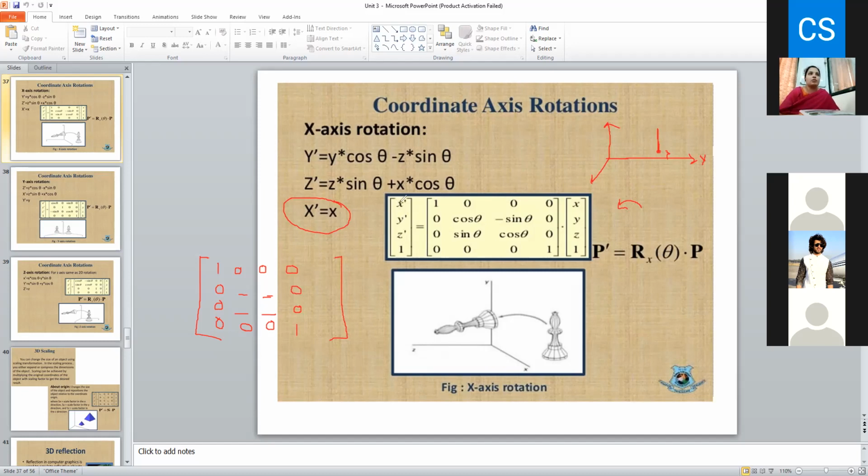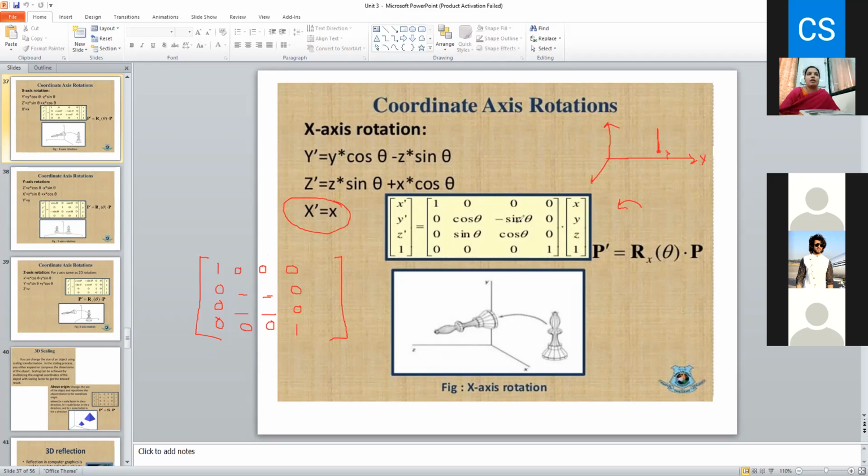And that is how, when I perform the multiplication of this xyz with this matrix, what will happen? 1 into x will be there. Then further zeros will get added into it, because all these things are 0. X will be multiplied with 1 so that x dash and x will be the same.